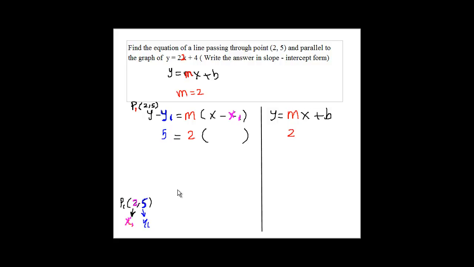Then the rest: y minus 5 equal to 2 times x minus 2. That's what we have.